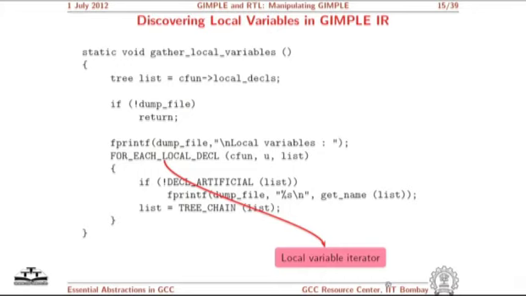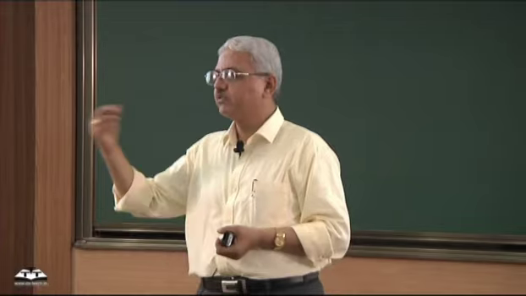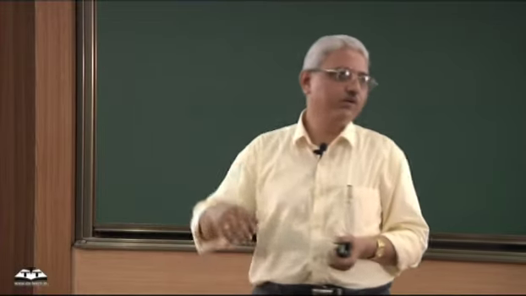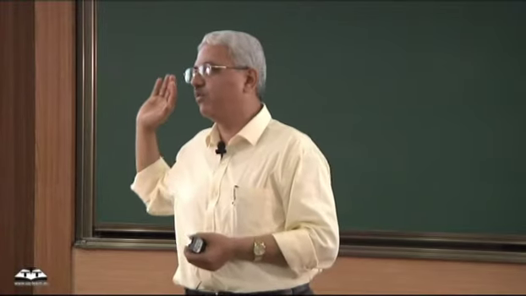So, I can go over the list of local variables of this particular function, and I say if it is not an artificial variable, because I want to collect only the variables that appear in the source. There are many variables that GCC creates: SSA variables, variables for global source variables, temporary variables with a dot something, etc. So, I want to exclude all of them.